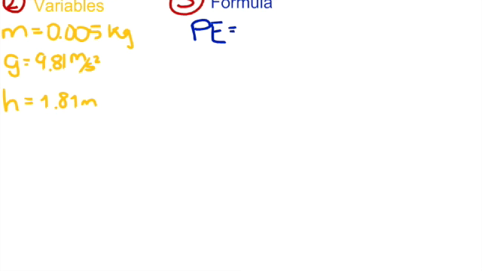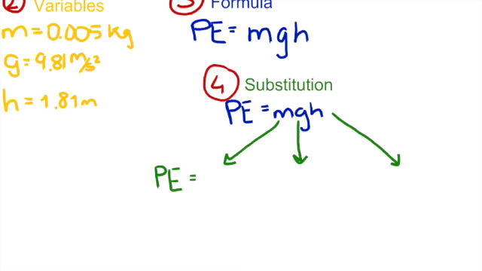So now the formula we will be using to answer this question is the formula for potential energy, which is potential energy equals mass times the acceleration due to gravity times the height. So now what I'm going to do is substitute these variables into this formula.